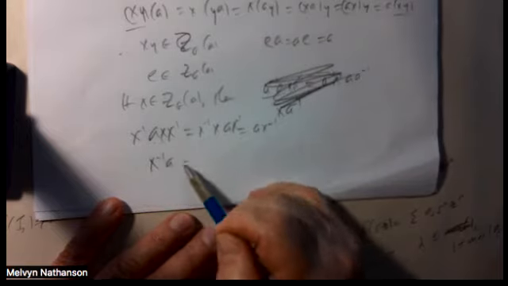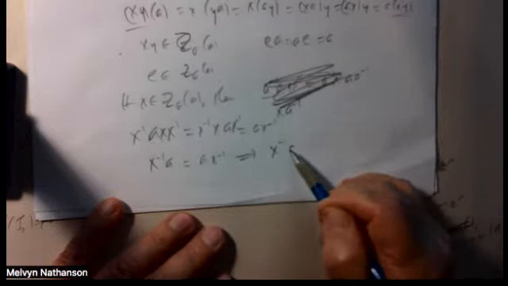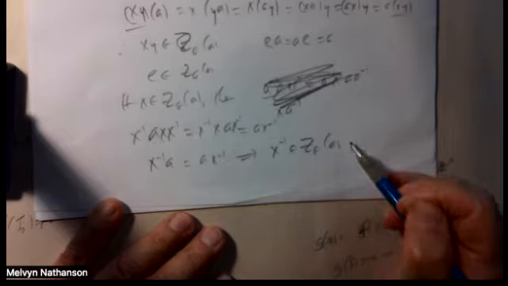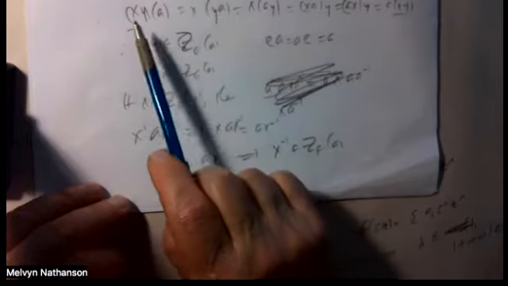So X inverse A is A X inverse, which means X inverse is in the centralizer. So the centralizer contains the identity, it's closed under multiplication, and it contains the inverse of each of its elements. So it's a subgroup.